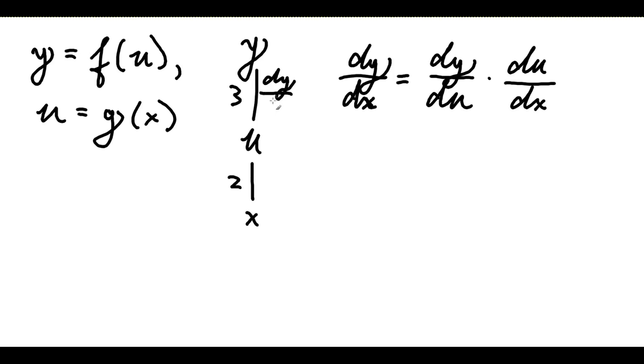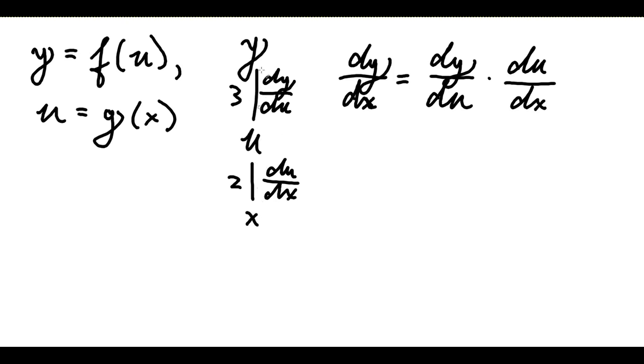Dy by du would be a measure of how much y changes as a function of a small change in u, and du by dx is a measure of how much u changes when x changes a tiny bit. So if we change x and want to know how much y is going to change, that's why we would then multiply both of these together. We have these two derivatives in a chain.